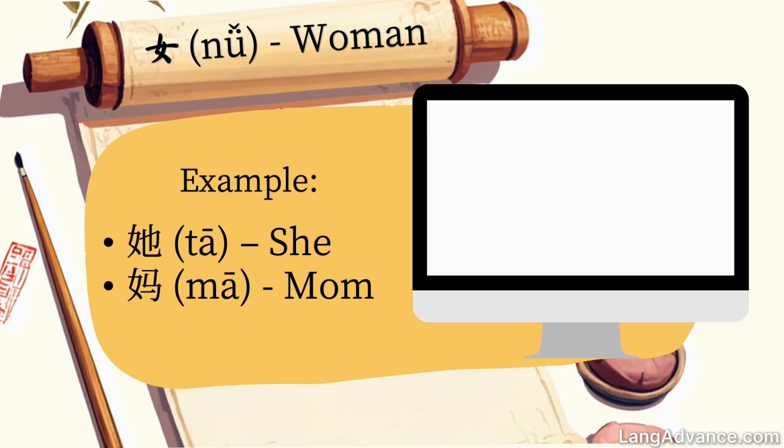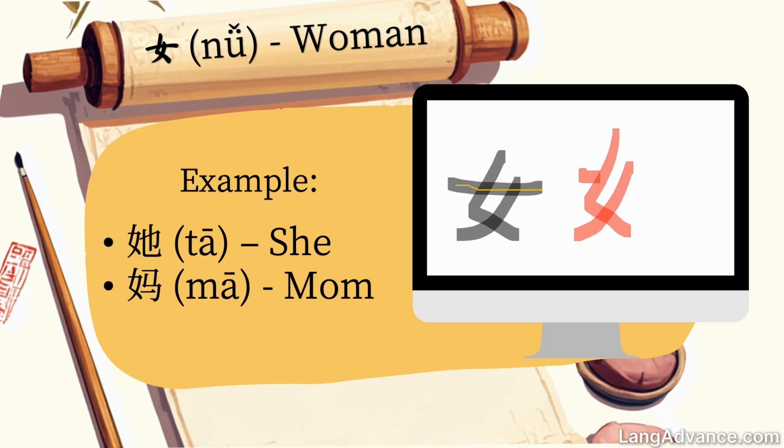And we have the most common radical 女, woman. Anything that has to do with woman will have the 女. So let's see, when you write the 女 in normal form, it will be like this. Our line here will be a little bit longer. When it is in the radical form, did you notice?